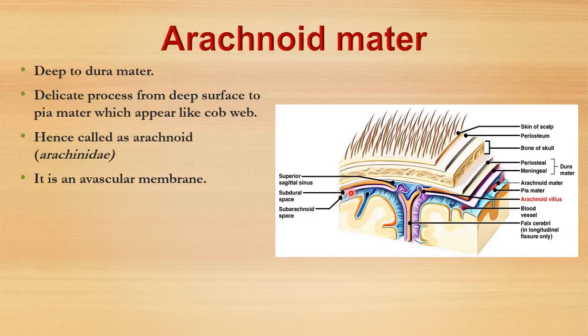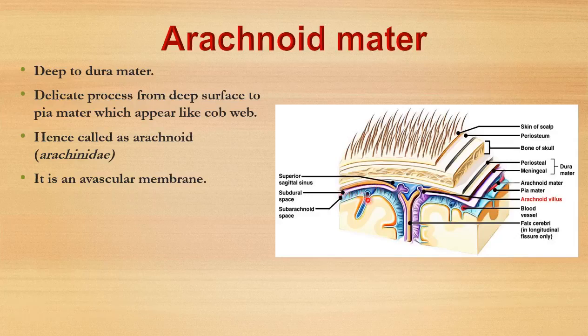This arachnoid mater is made up of 5 to 6 layers of cells. Even though it is a thin membrane, it is made up of 5 to 6 layers of cells which are held together by tight junctions and desmosomes. Because the CSF should not have any contact with the subdural space where numerous arteries are present.